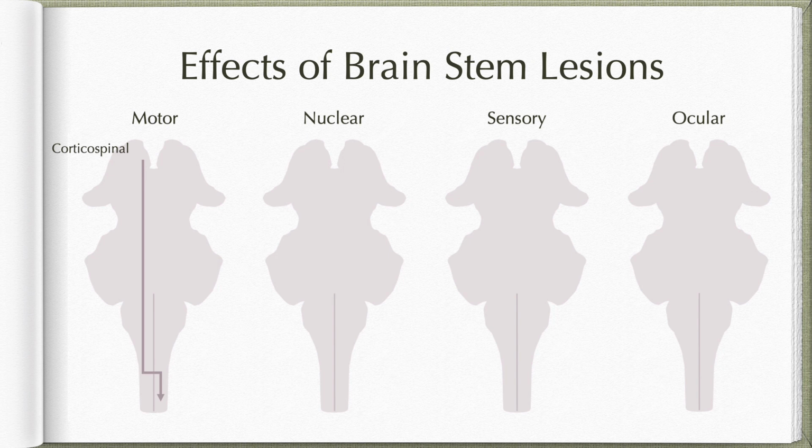So if there is lesion to the corticospinal fibers in the midbrain or in the pons or in the upper medulla, we will get contralateral hemiparesis because the fibers which are descending from the right cerebral cortex will be descending on the right side in midbrain, pons and upper medulla, but these fibers are actually meant to control the muscles of the left side. So lesion to the right-sided corticospinal tract fibers in the brainstem will result in left-sided hemiparesis.